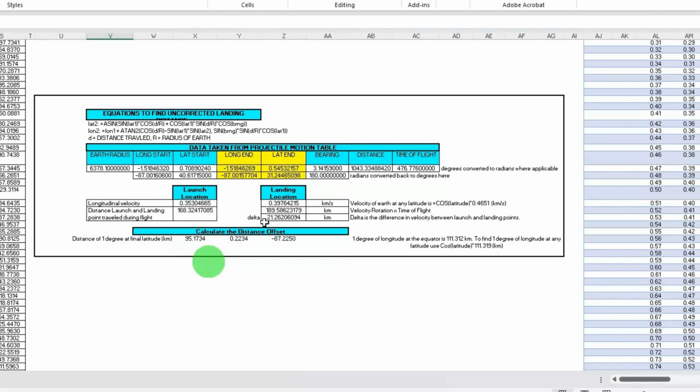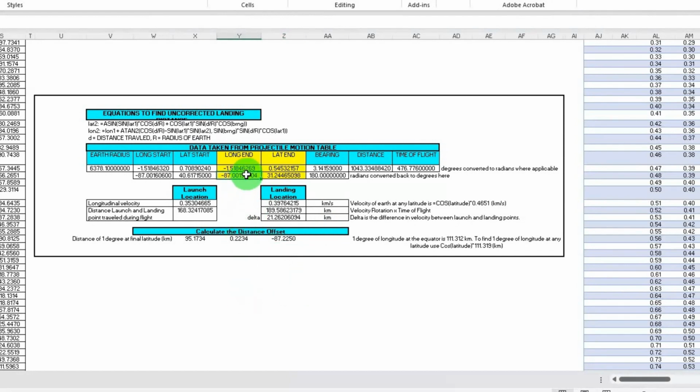So you basically take your actual distance that we calculated, divide it by that, and that gives you the degree offset, and then you just add that to what the landing was.